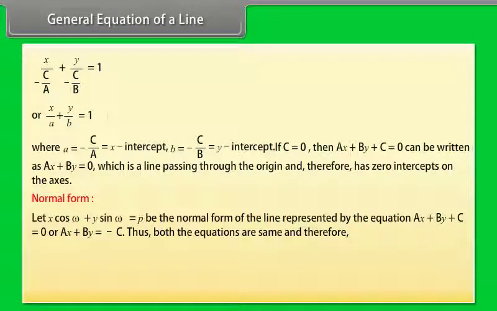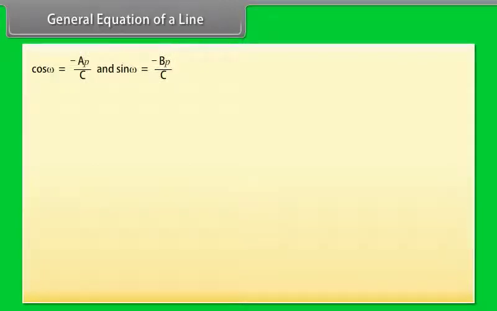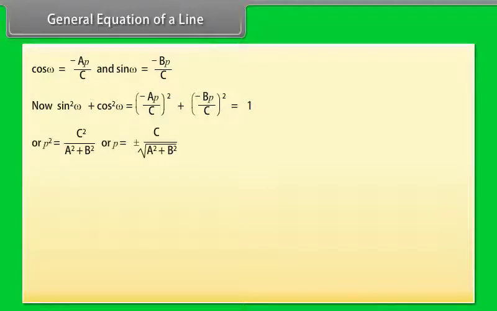Thus both the equations are the same and therefore a/cos ω = b/sin ω = -c/p, which gives cos ω = -ap/c and sin ω = -bp/c. Now sin² ω + cos² ω = (-ap/c)² + (-bp/c)² = 1, or p² = c²/(a² + b²), or p = ±c/√(a² + b²).